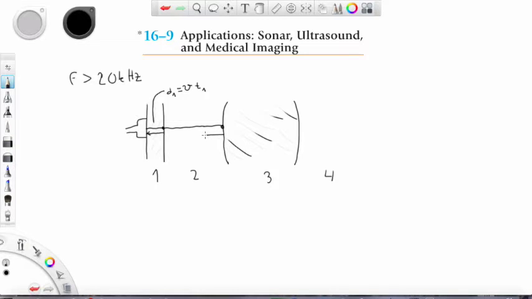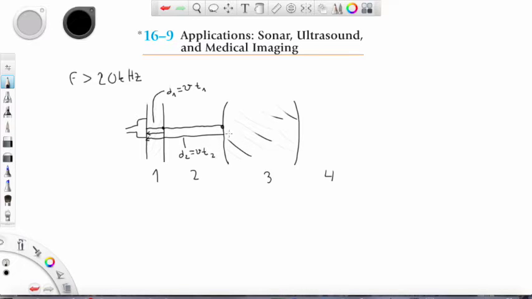So part of the sound wave will reflect back. And we can calculate the distance from the scope to that tissue boundary to be D2, the speed of sound times the measured time of flight back and forth.